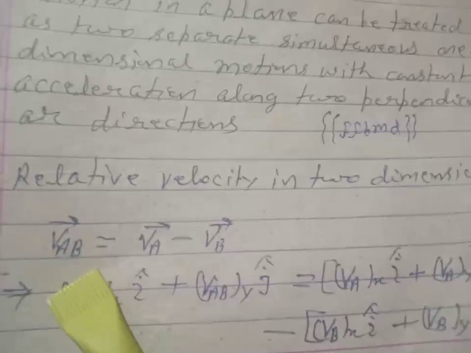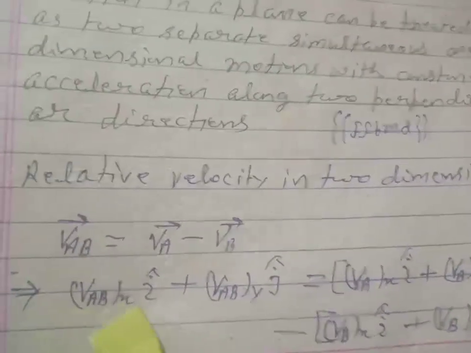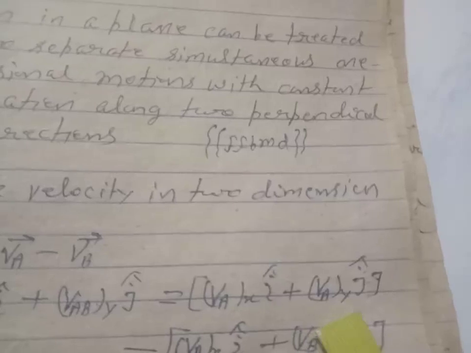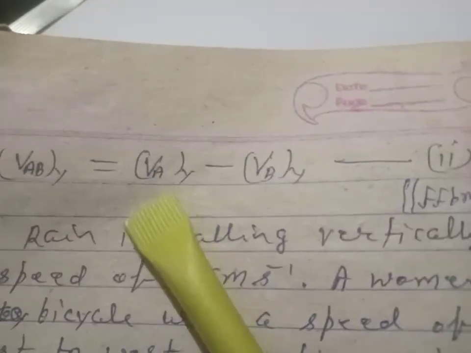Now this can be written in component form as VABX i cap plus VABY j cap equals VAX i cap plus VAY j cap minus (VBX i cap plus VBY j cap). Now this can be written as VABY equals VAY minus VBY.